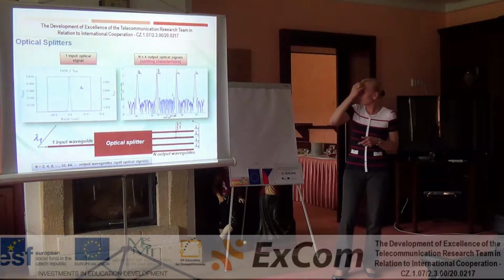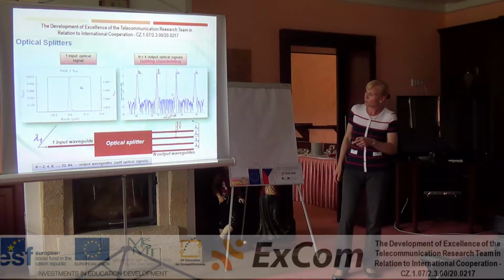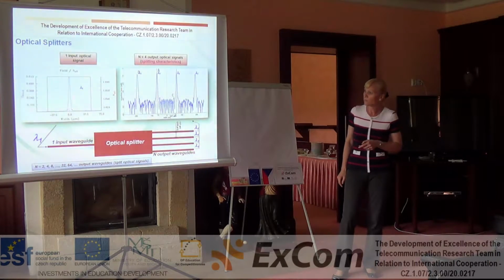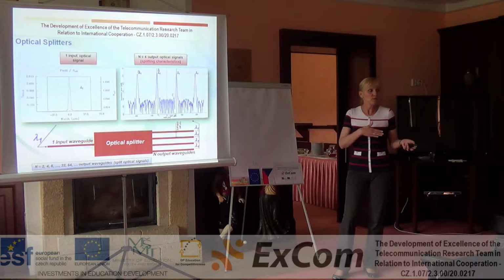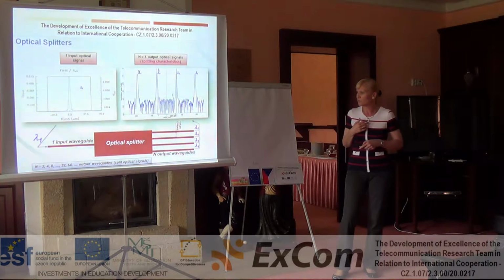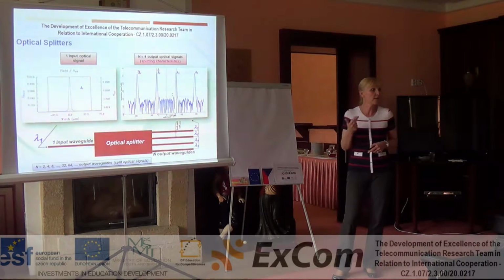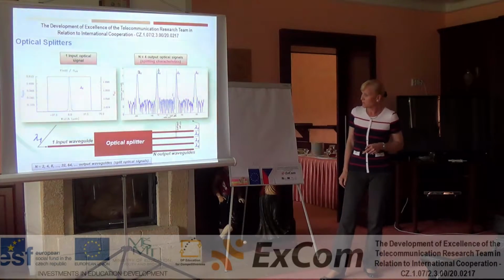On this slide you can see once again what I was talking about. We have one optical signal of wavelength lambda 1. We couple it into the input waveguide, and at the output we get, in this case, 4 signals of the same wavelength. This is the so-called splitting characteristics of this optical splitter. Similarly to AWGs, the number of output waveguides is 2, 4, 8, 16, and so on.